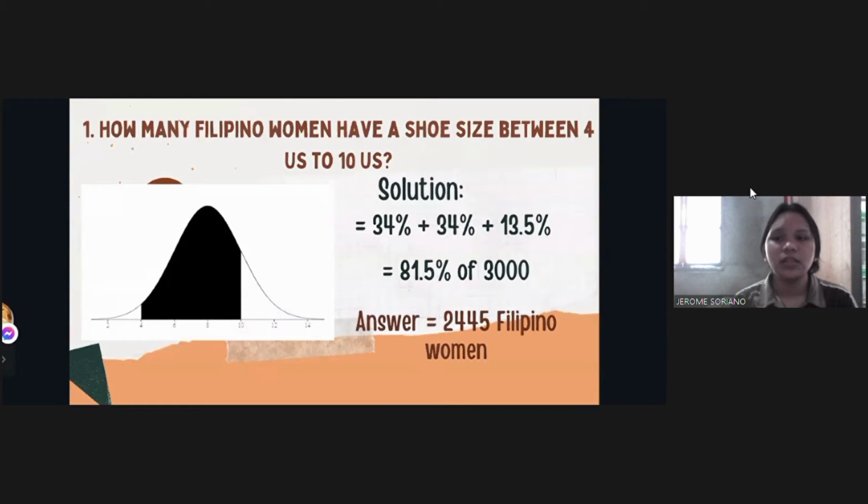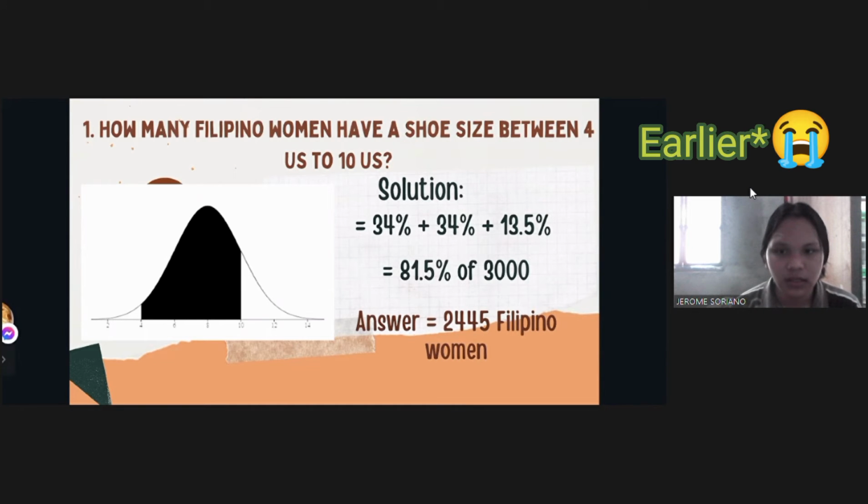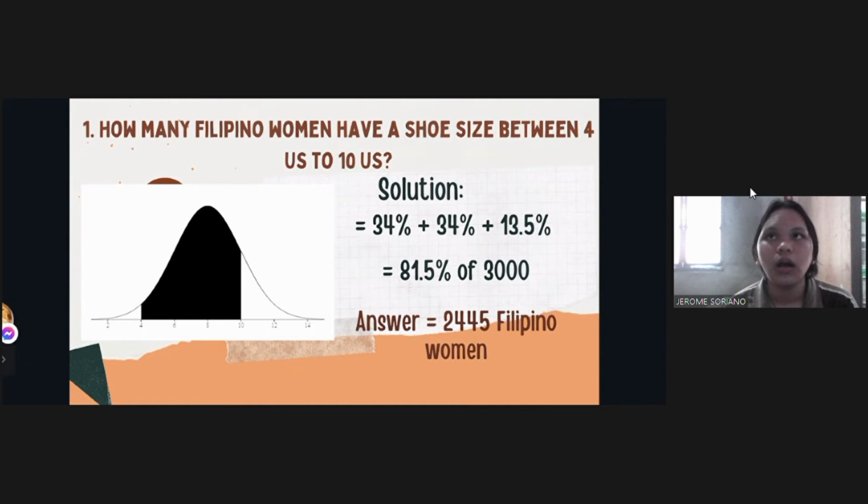So let's answer question number 1. How many Filipino women have a shoe size between 4 US to 10 US? We will shade the part between 4 US size and 10 US size. Then we will refer to the empirical rule that we discussed earlier, and we will get the equivalent percentage for each standard deviation.